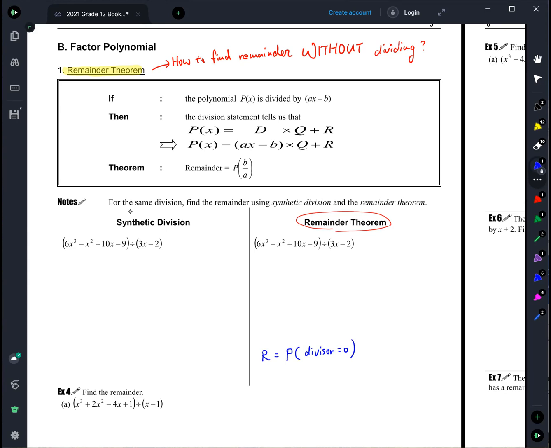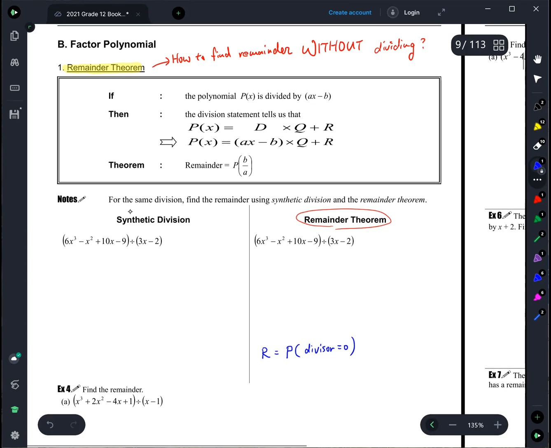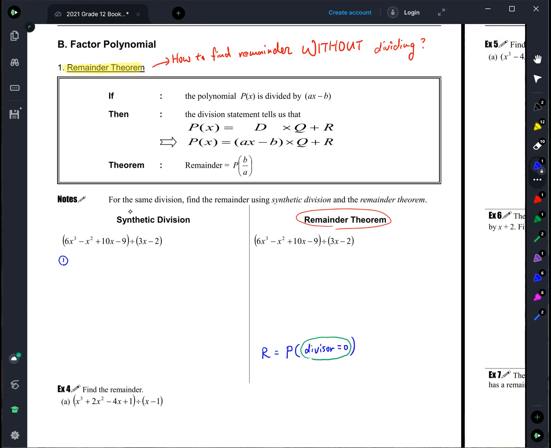Okay, please write that down first. This part, the divisor equal to 0, is like step 1 when you do synthetic division. So we'll go back to the left side. Step 1 of synthetic division was to solve the divisor equal to 0. So what does that give you, x equal to? Eric?